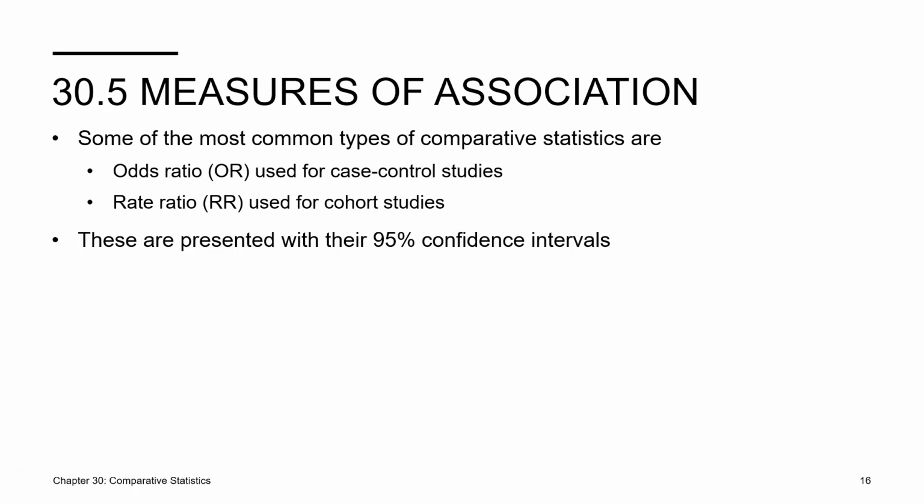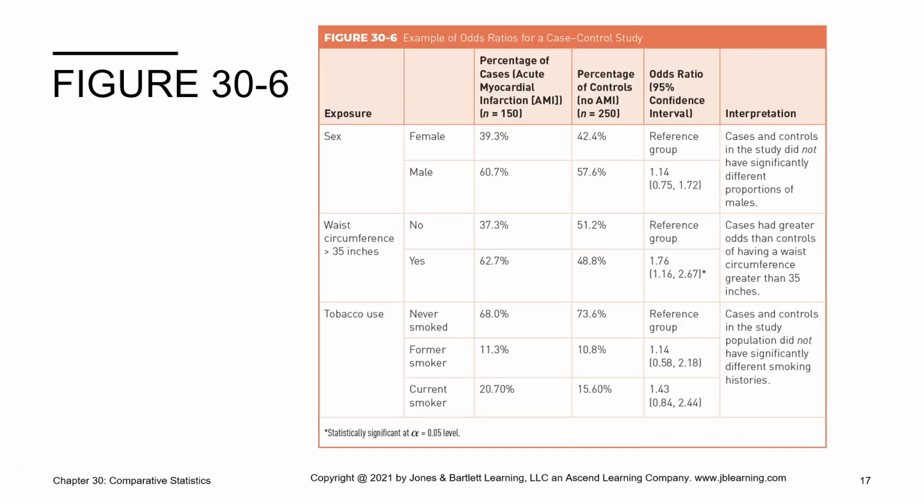Some of the other ways of presenting measures of association that go beyond looking at p-values and null hypotheses are the odds ratio and the rate ratio. Odds ratios are used for case control studies, and rate ratios are used for cohort studies. These are usually presented with 95% confidence intervals instead of with p-values, but they represent the same thing. Figure 36 goes over some example odds ratios for, say, a case control study.